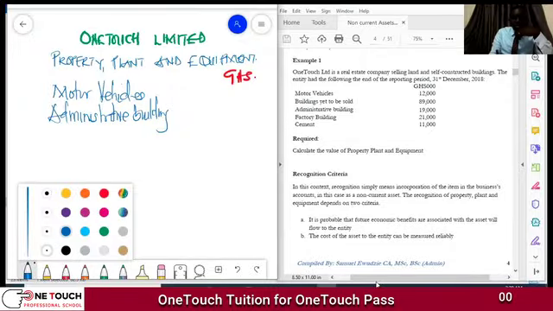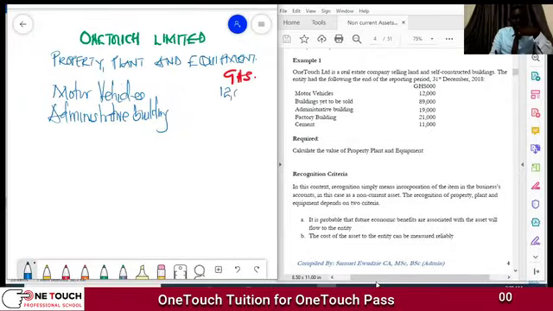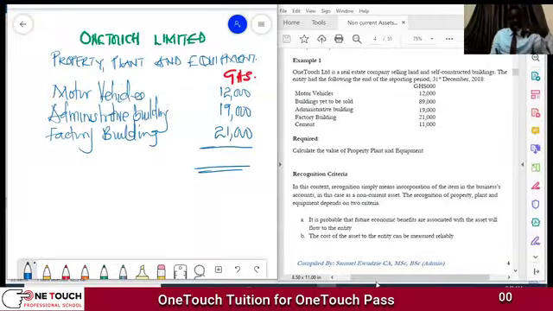So motor vehicles are 12,000. Administrative building is 19,000. Then we have factory building, also 21,000. Okay, good. So these three become the property, plant, and equipment in the business.